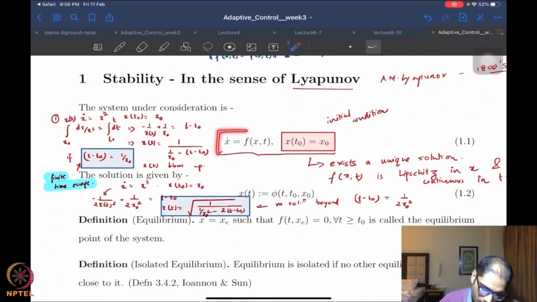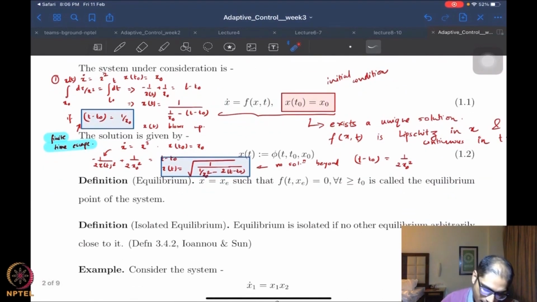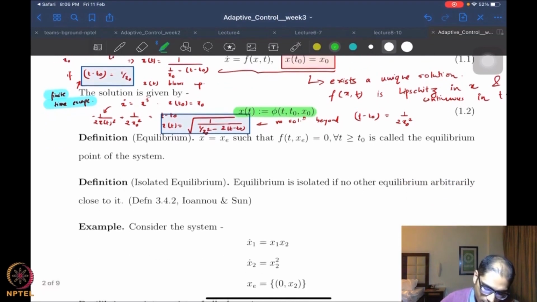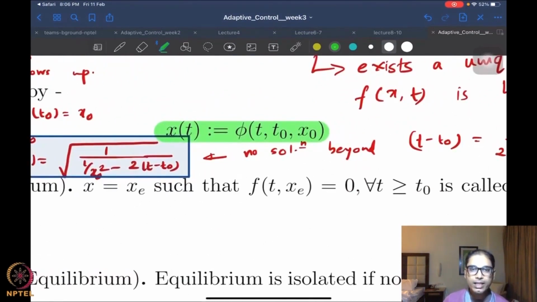We have a system, a nonlinear system. We have an initial condition, and we usually denote our solutions by this. So this is sort of a strong abuse of notation, if I may.